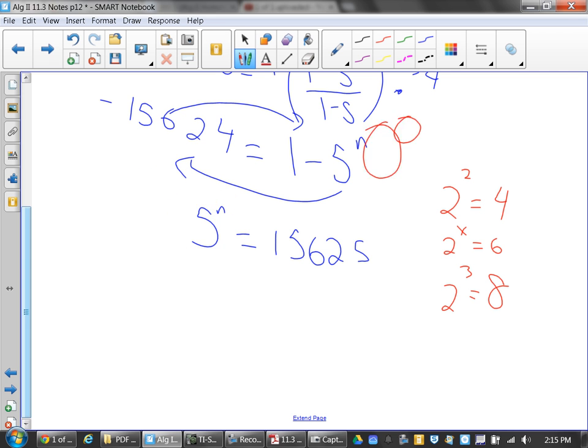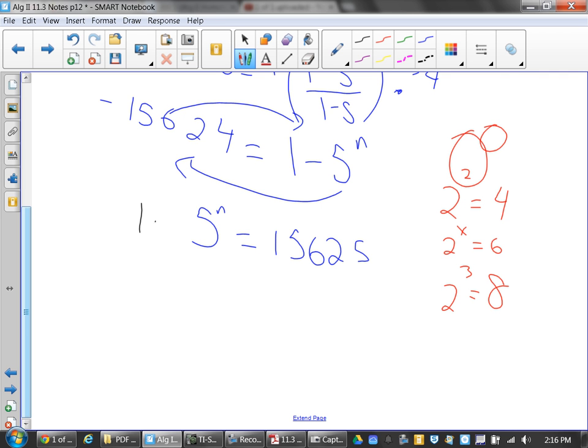Now, in order to undo this exponent, if you will, I have to use a log that has the same base as 5. So what would be the same base as 5? Log base 5. Here's what happens.